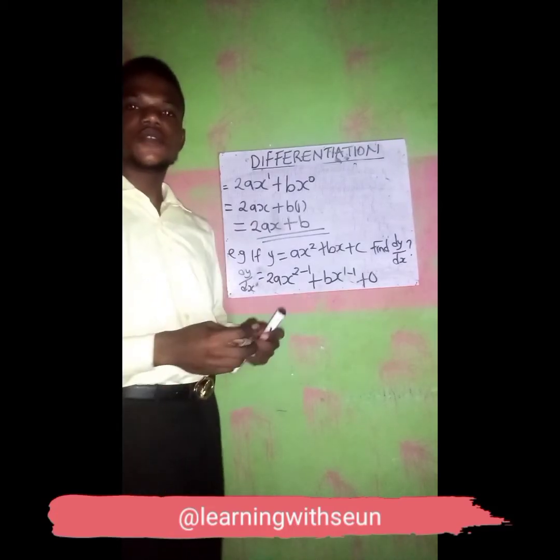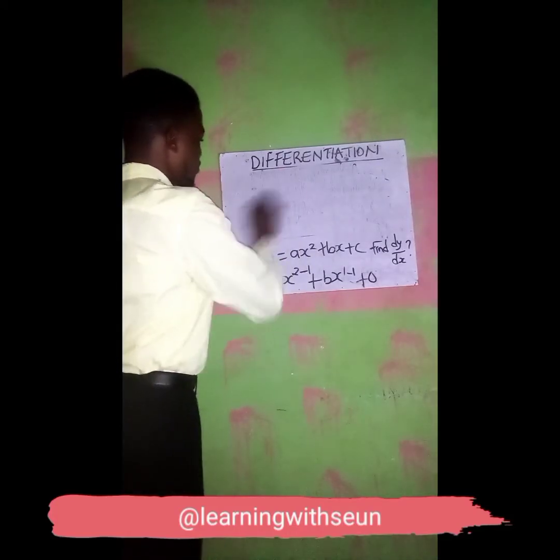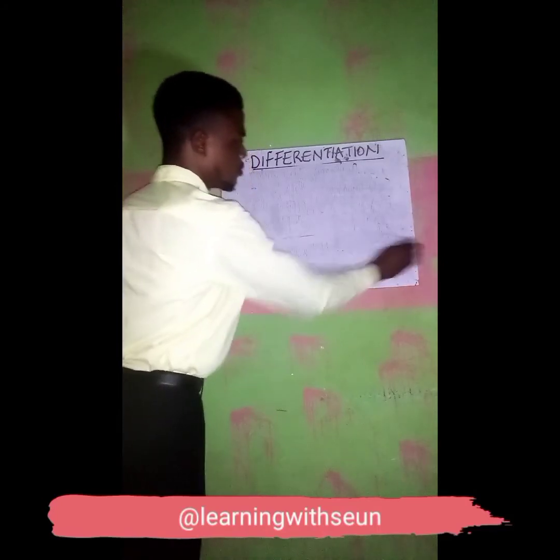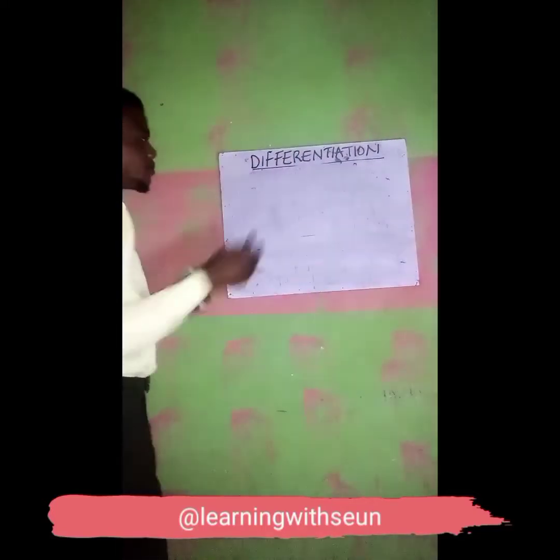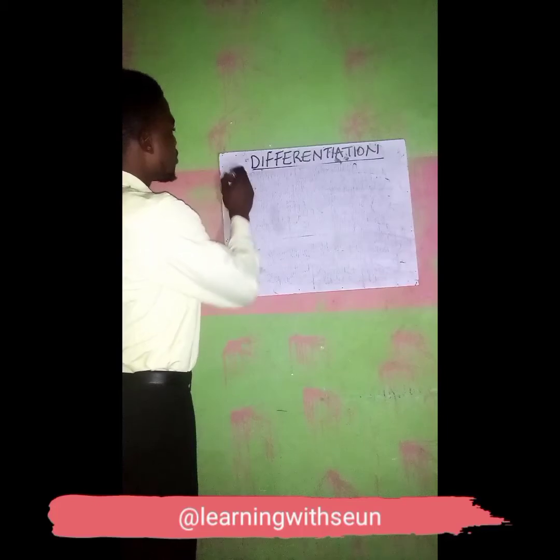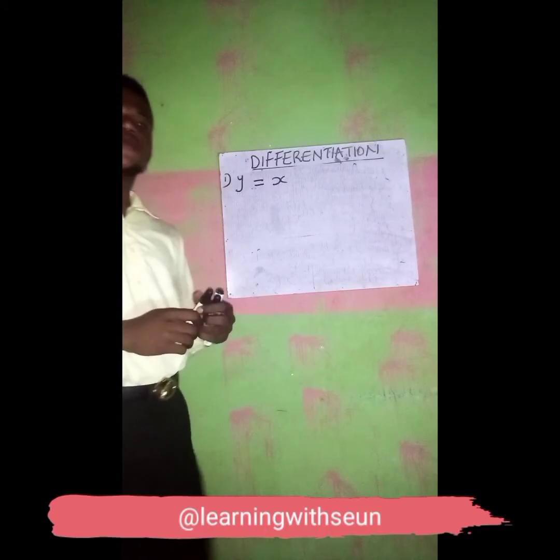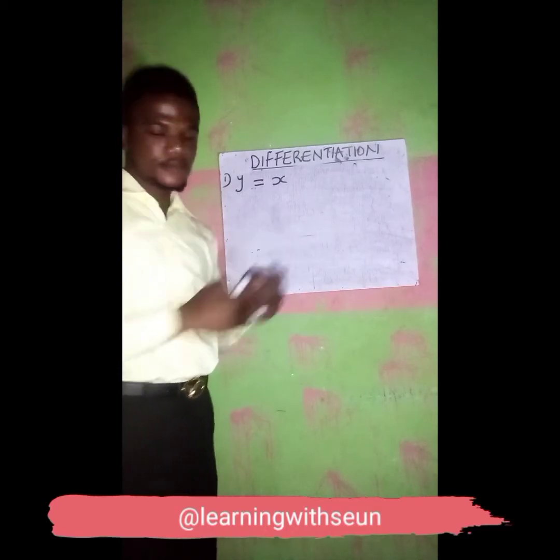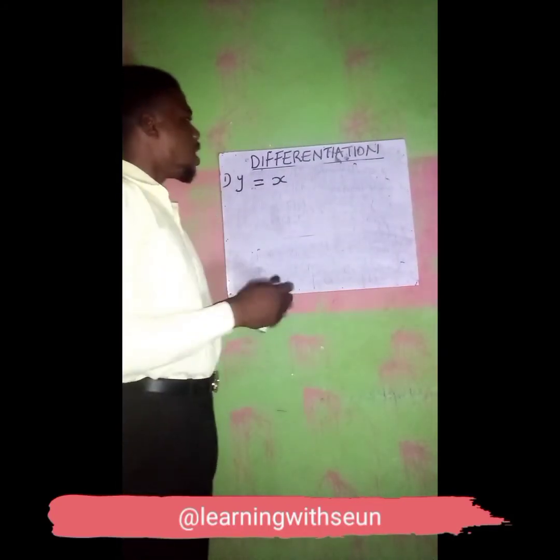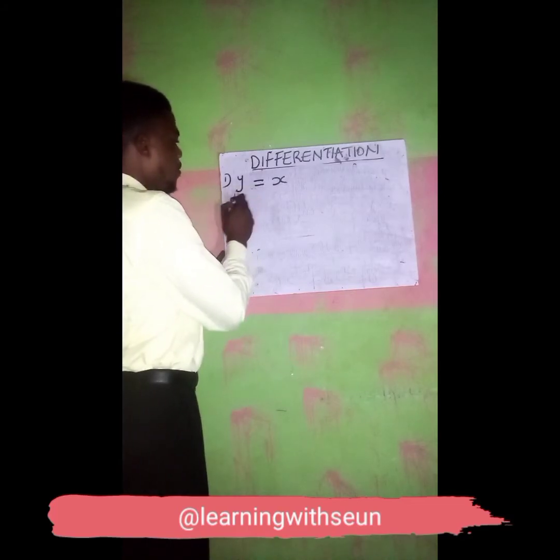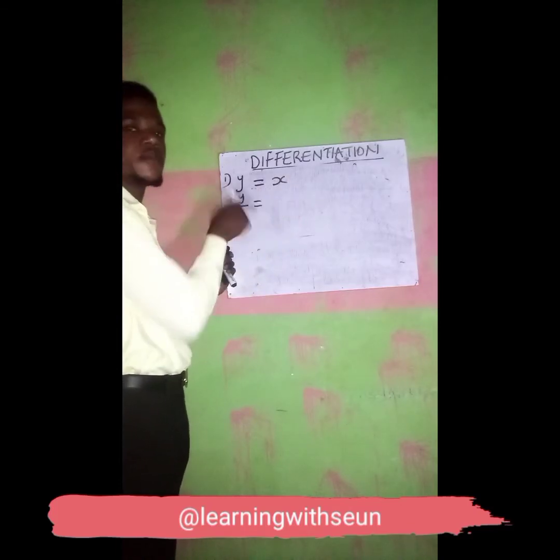Now let's take, for instance, if you are given a question. Number 1, y equals x. If I am going to differentiate this, I am going to have dy over dx equal to, now I'm going to subtract 1 from the power of x here.